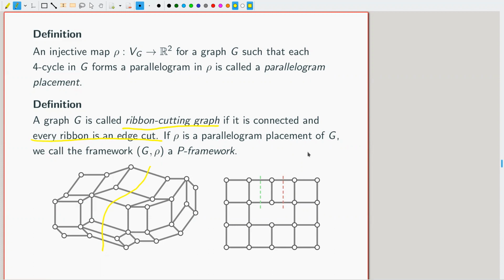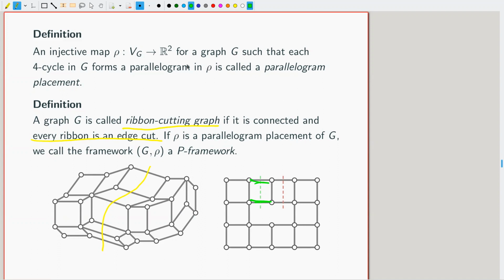The framework on the right has an underlying graph that is not ribbon cutting, because this is a ribbon, but if I remove these two edges, it doesn't make the graph disconnected. And the corresponding tiling wouldn't be simply connected. So this is how it relates to the tiling. And so that's for the graph.